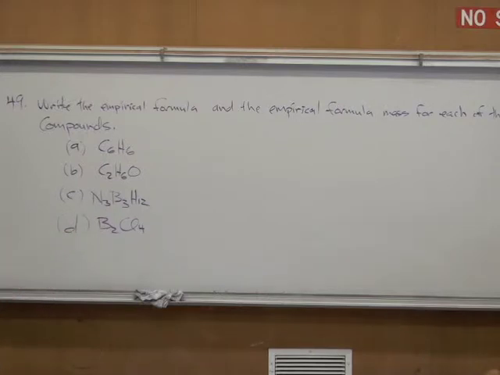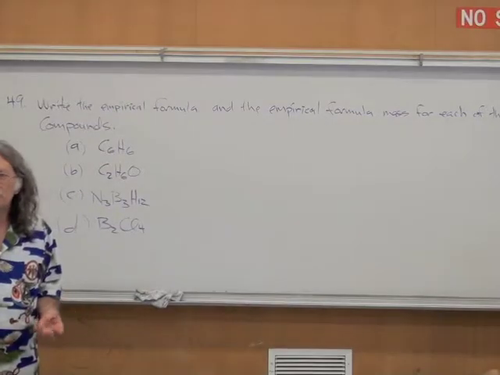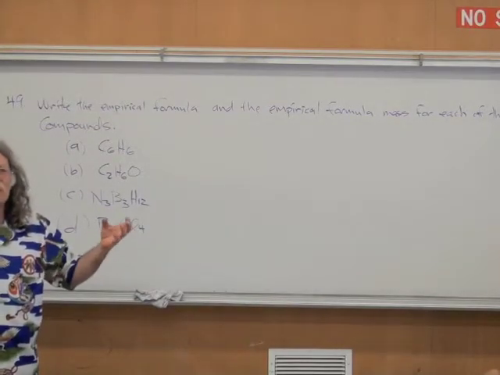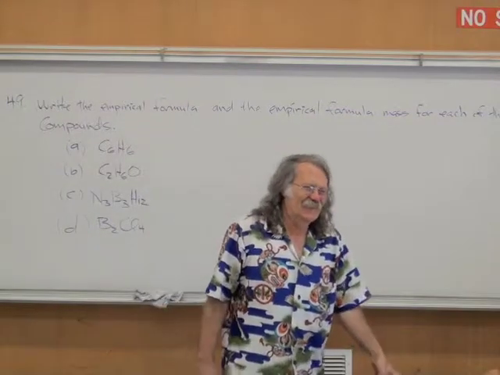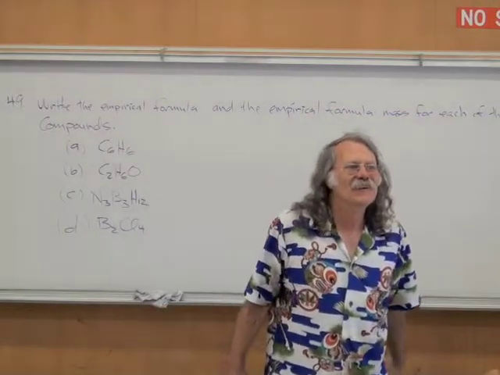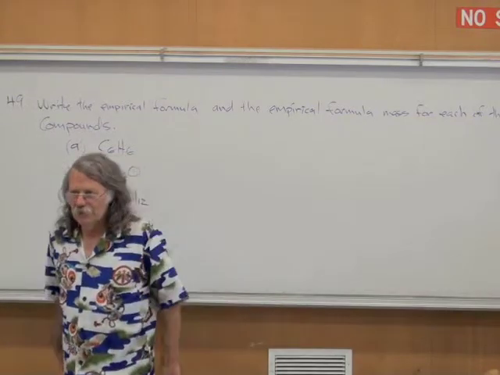within any of these. And so what am I going to look for here to find the empirical formula? What's the mathematical expression for it? The lowest common denominator. Exactly.